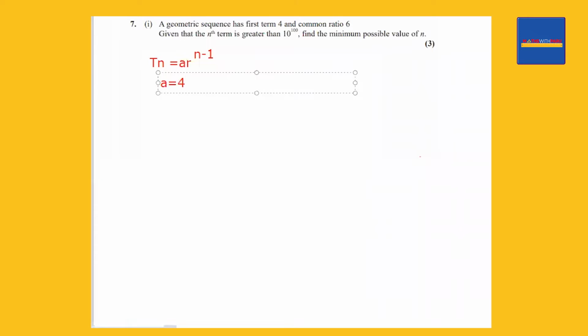That's the nth term of a geometric series. Now here we're given that a is equal to 4 and r is equal to 6. So we have a is equal to 4 and we have r is equal to 6.